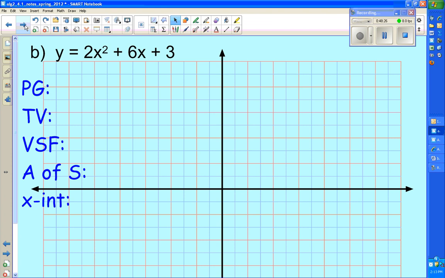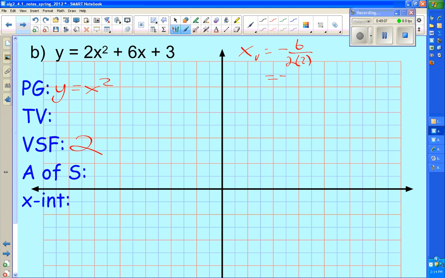In this class right now, until you hear me say, okay, today we're going to use something else, we're only going to have verticals. And in standard form, we only worry about the vertical. Okay? What's the parent graph on this one? Vertical stretch factor. The x-coordinate of my vertex is the opposite of 6 over 2 times 2.